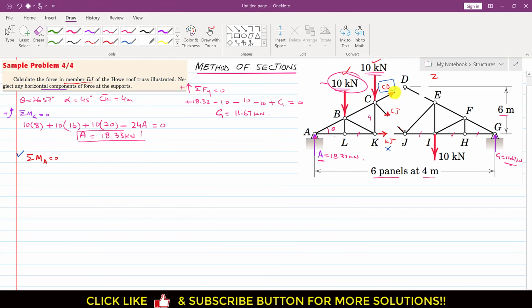So there will be only one unknown, the Cj member force, and this equation will give us the Cj member force.